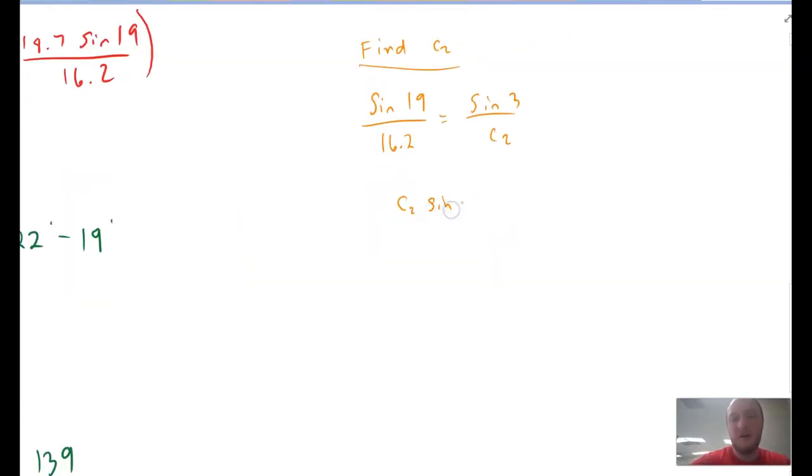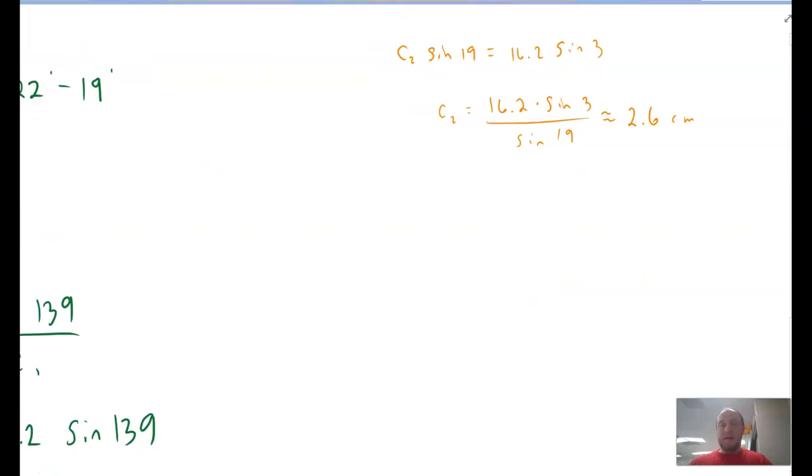C2 sine of 19 is equal to 16.2 sine of 3. And C2 is equal to 16.2 times sine of 3 degrees divided by sine of 19, which is approximately 2.6 centimeters.